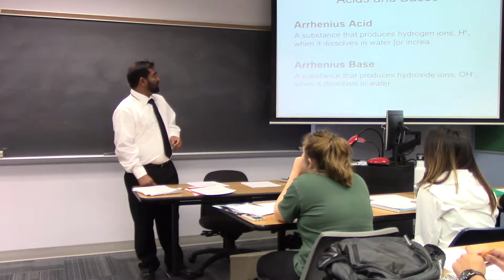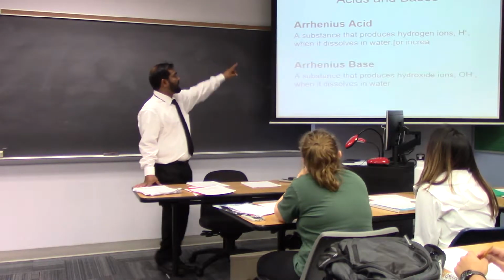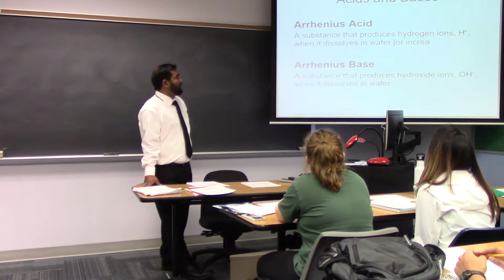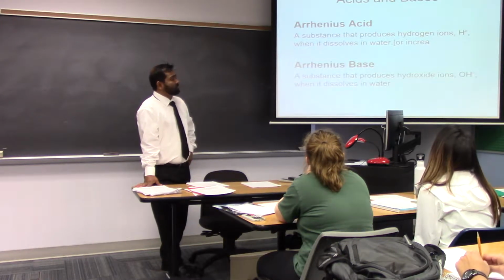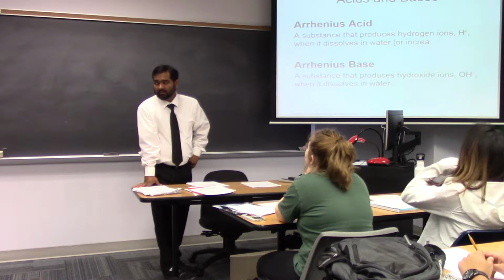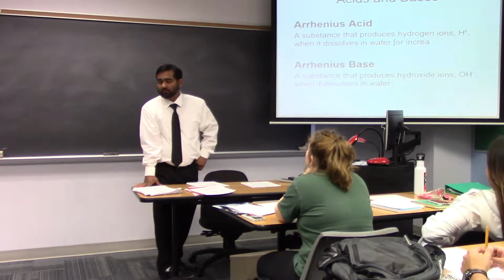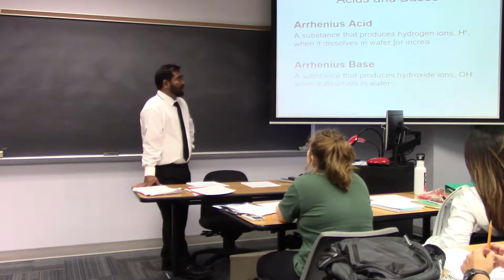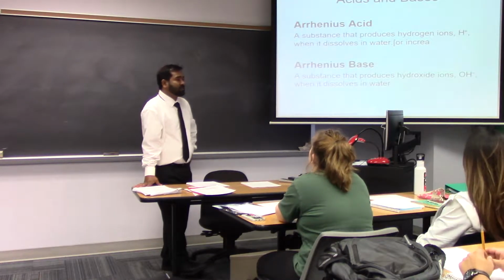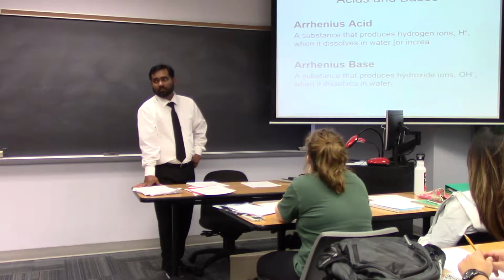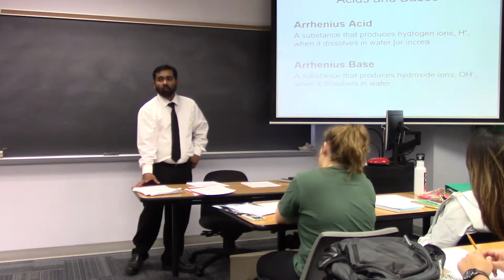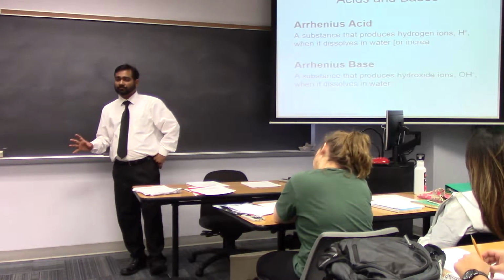First is the Arrhenius acid definition. Mr. Arrhenius was awarded a Nobel Prize, the third chemist to be a Nobel Prize winner, and he gave the first definition of acid. He was the one who first said what acid should be.